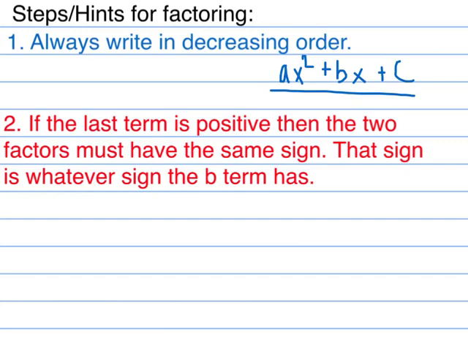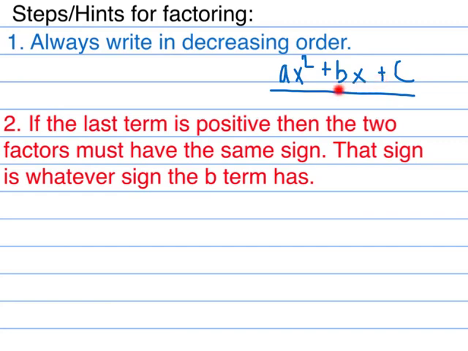So the next step, or I guess this would be more of a hint, is that if the last term, the c term here, is positive, then the two factors of c that go into our binomial factoring must have the same sign. And that is because a positive times a positive is positive, and a negative times a negative is positive.